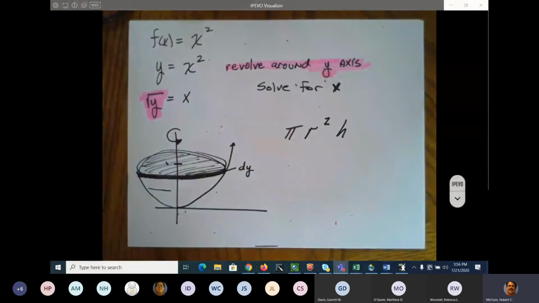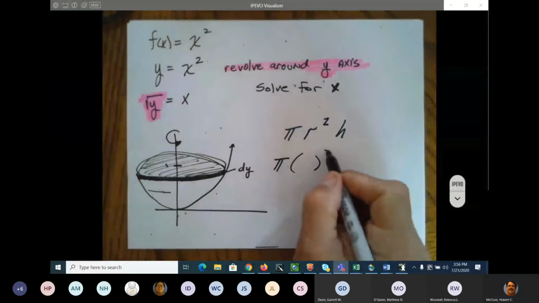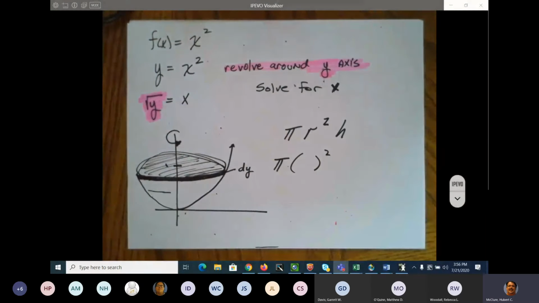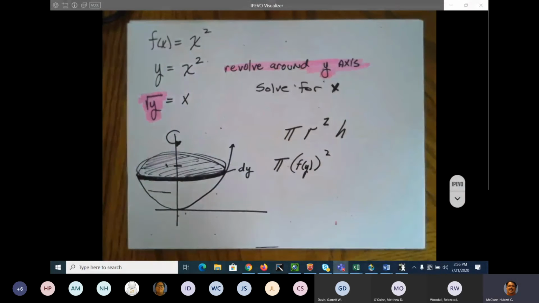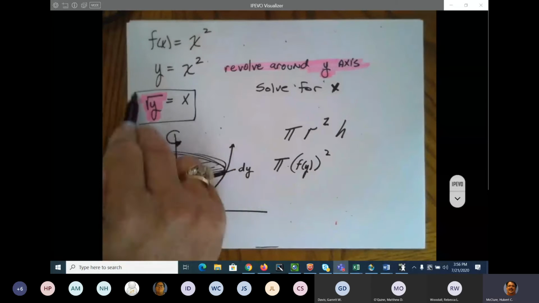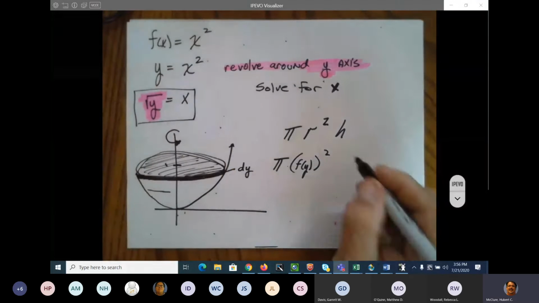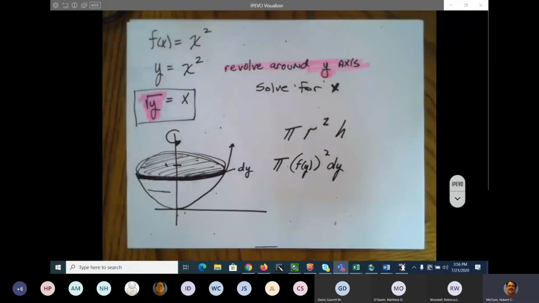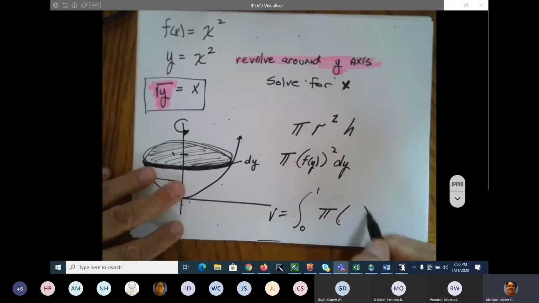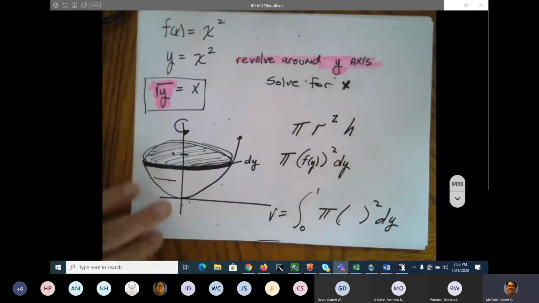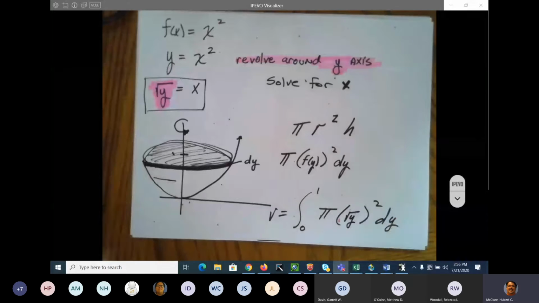Well, pi is not going to change because that's a number. R squared is going to be basically your function of y squared. That's why you got it in terms of y. And h is going to be dy. So your antiderivative will be from 0 to 1 of pi parentheses squared dy, and plug in that square root of y.